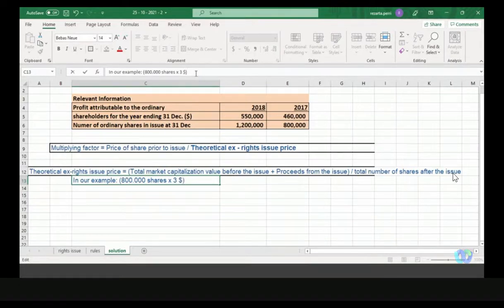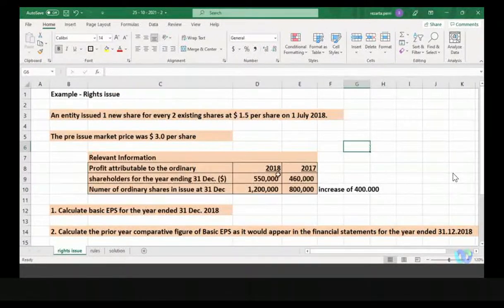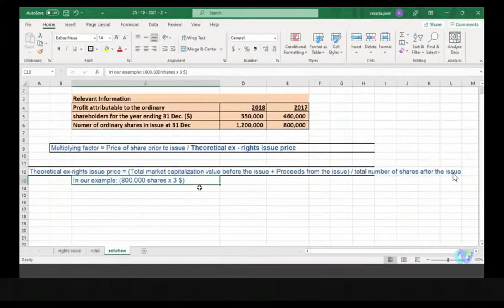So the total market capitalization value is 2,400,000. Again, the total market value is the product of the number of shares before the issue and the market price before the issue. As you can see from the data, the number of shares before the rights issue is 800,000, and the market price is $3 per share. So this is the market value.